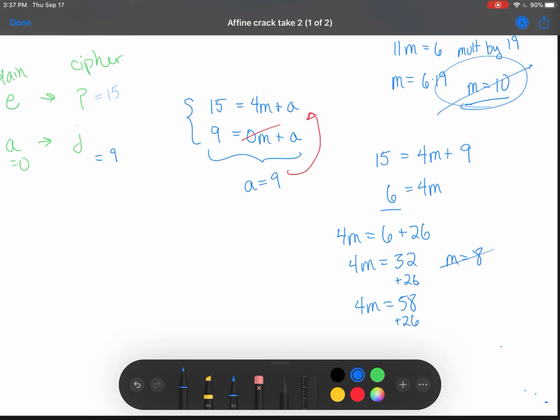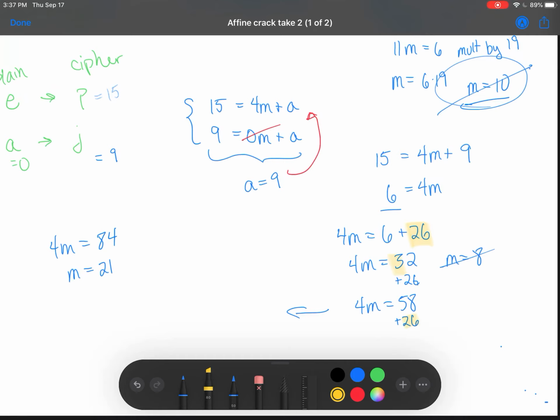Let's add 26 again. I'm going to come over here where I have a little bit more space. 58 plus 26 is 84. 84 is divisible by 4, as it turns out. That gives us m equals 21. Remember, by adding the 26 each time, I'm moving from mod 26 world into regular math world.